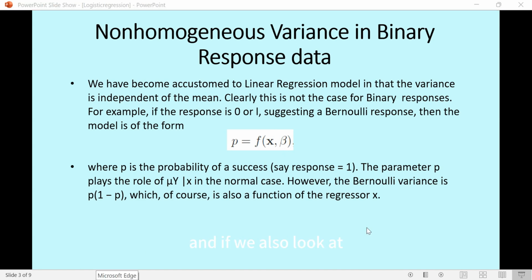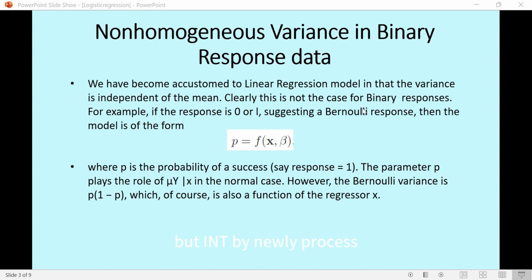If we also look at the variance of the response variable, in linear regression we assume the variance of the response is not connected with the value of the independent variable. No matter the magnitude of x, the response y has constant variance.